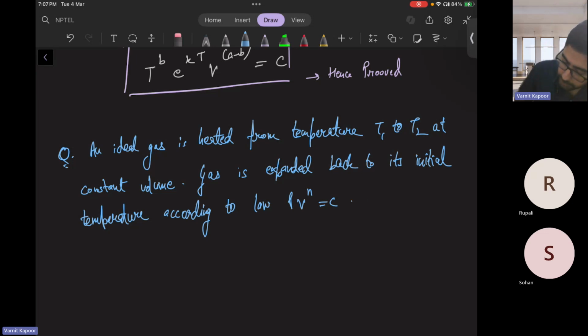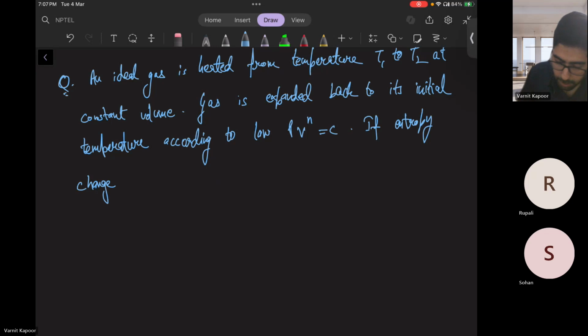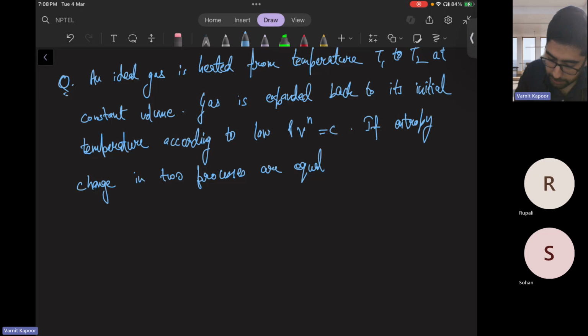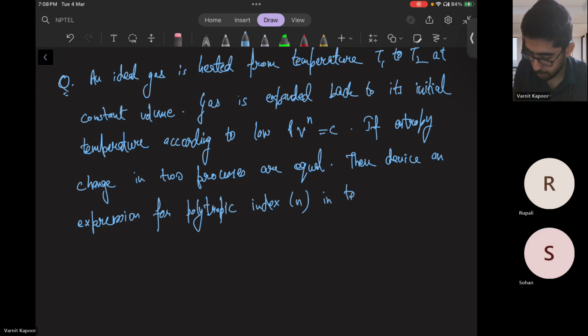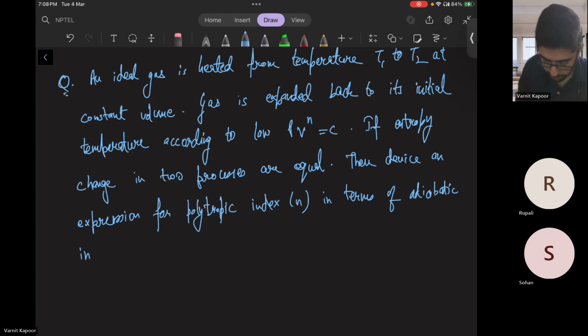If the entropy change in these two processes is equal, then devise an expression for the polytropic index n in PV raised to the power of n in terms of the adiabatic index, that is gamma. Pretty good question.